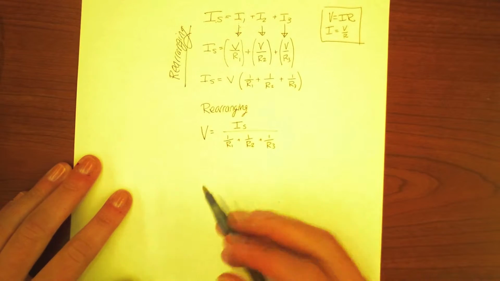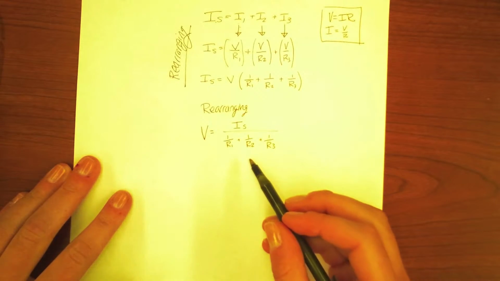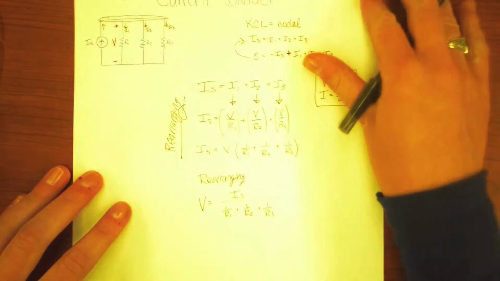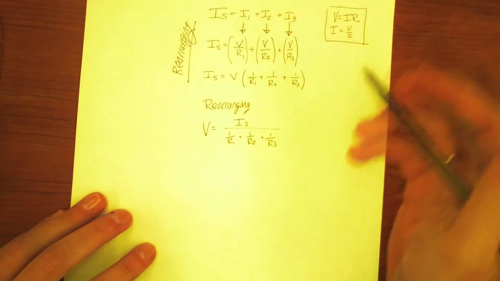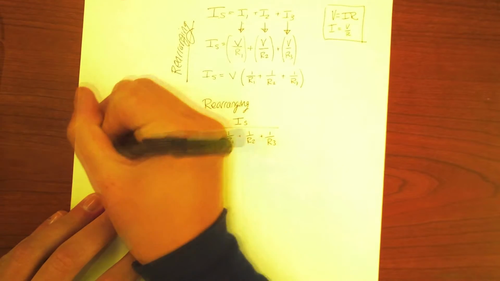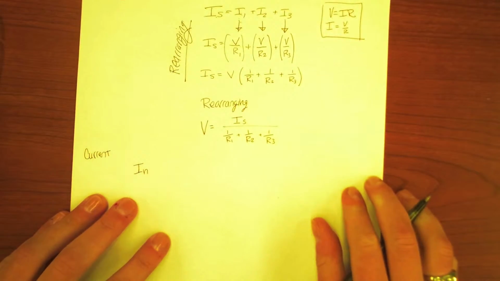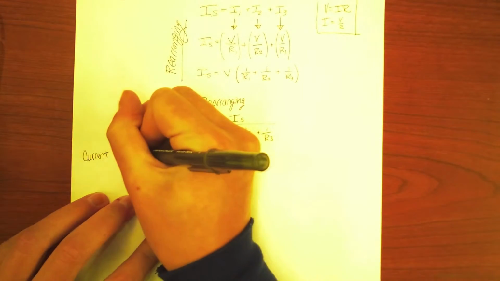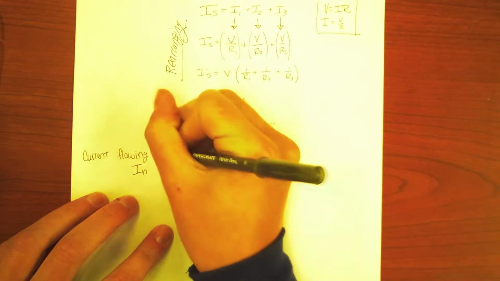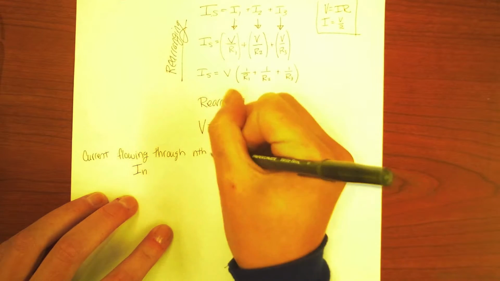Writing this in a more general form, to find the current in one of these resistors, we're going to say that is going to equal In, the current flowing through the nth resistor.